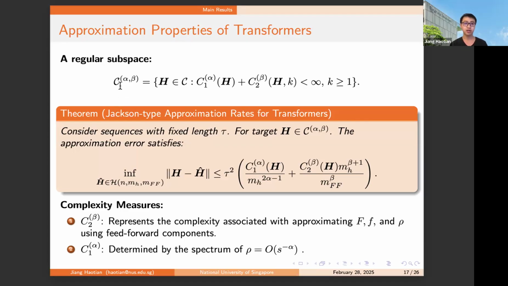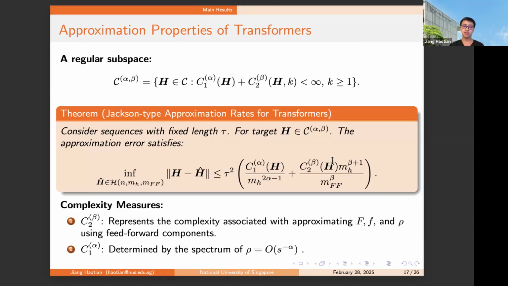By considering this regular subspace, we have the following Jackson-type approximation rate theorem for the transformers. Let's consider a sequence with length tau, and for all targets H from this regular subspace, the approximation rate satisfies this equation here.